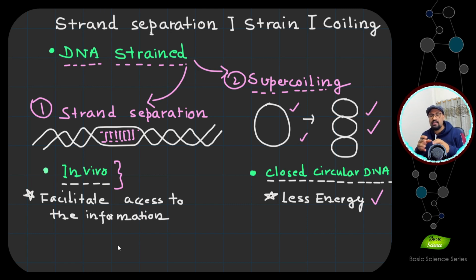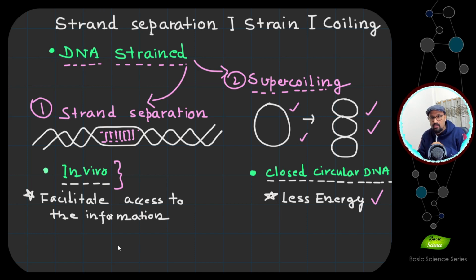So as you can see, especially in case of the transcription, where enzymes need to access these bases so that the complementary RNA will be synthesized from the DNA, this particular process is highly important. So as you can see, this is how the forces are acting, and how in one aspect you get the supercoiled DNA, in other aspect you get the strand separation. And then we have discussed the significance of both of these processes.